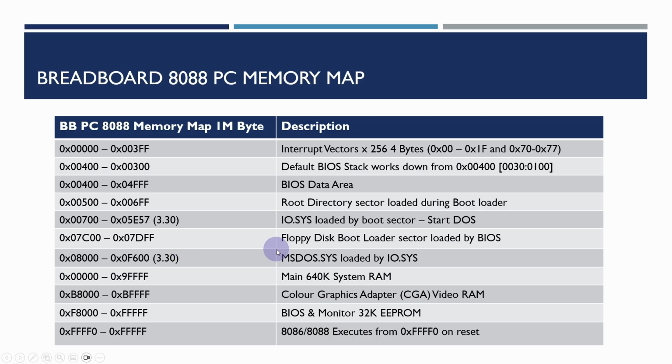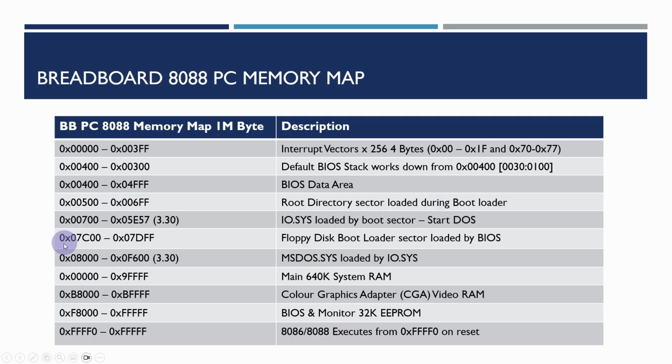And what the floppy disk bootloader will then do is try and load io.sys into 700 to this higher range here. It also loads the root directory off the floppy disk and puts that at 500.